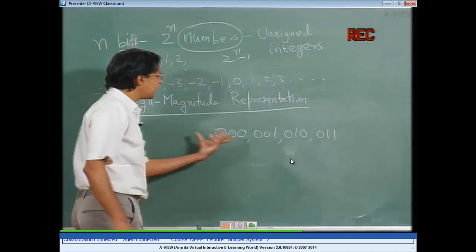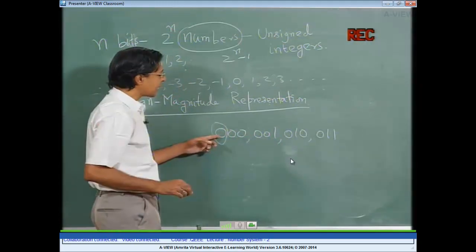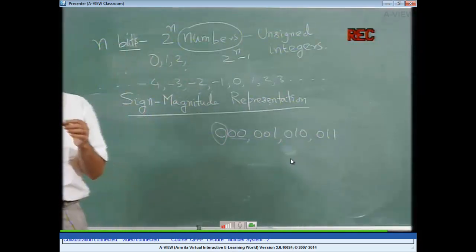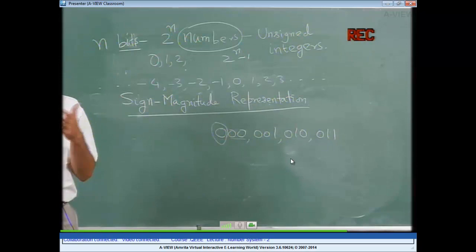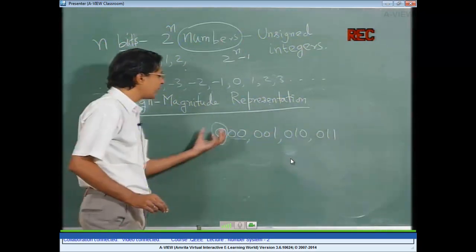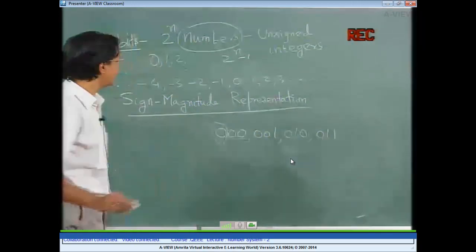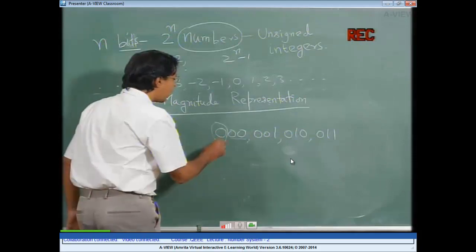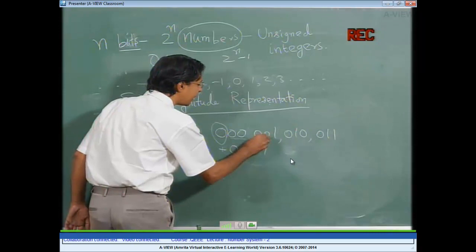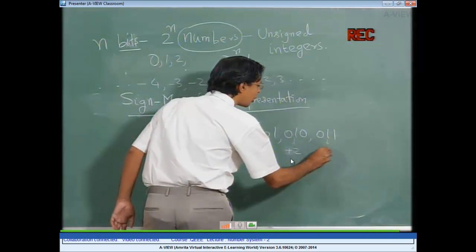So when we take 0 0 0 or any of these, the first bit is the sign bit, while the remaining 2 bits give the value of the number, namely the magnitude. That is why this representation is called sign magnitude representation. So this will stand for plus 0, plus 1, plus 2, plus 3.